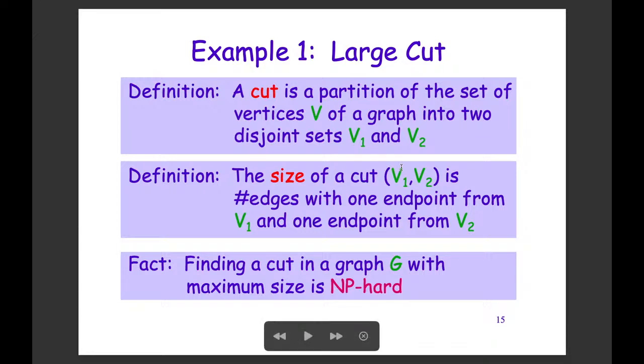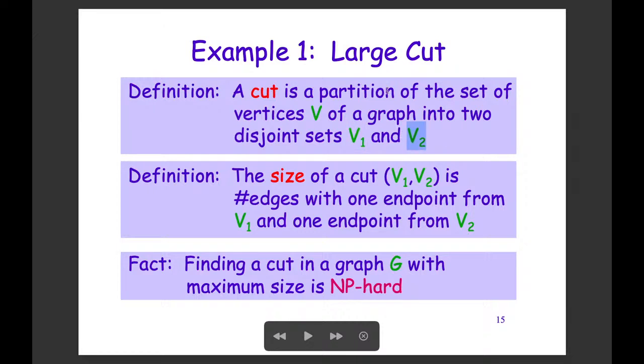So we want to find out, is it possible to delete some number of edges so that the graph becomes separated? If this is the case, the edges that we are deleting is called a cut. So formally, a cut is a partition of the set of vertices into two groups. Let's call it V1 and V2.